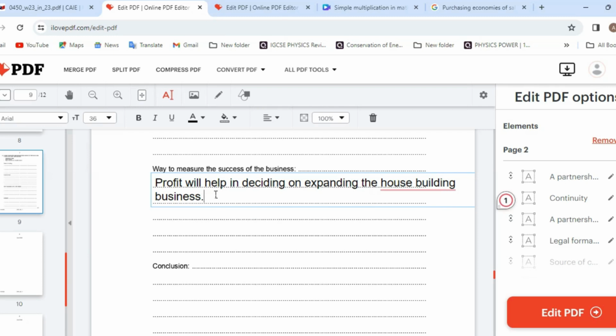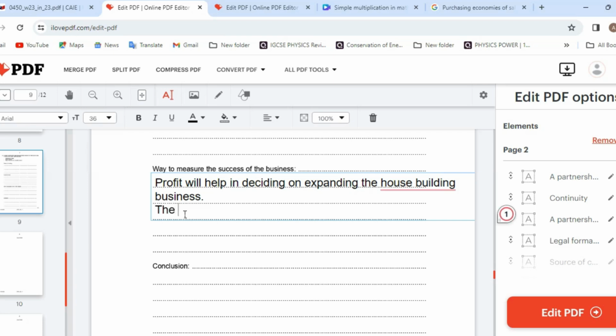And also the profit can judge the success of the business and persuade BB to award a pay rise to its 10 employees if there is a large profit. Let's put it in text.